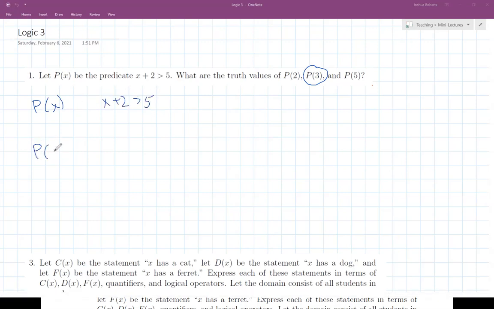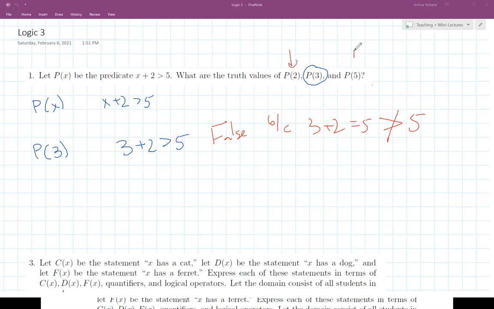So that means P of 3 would be the predicate 3 plus 2 is greater than 5. Well, this is false because 3 plus 2 is equal to 5, which is not greater than 5. So that's false. Okay, so do that for the other two examples, for P of 2 and P of 5. Just check your understanding.